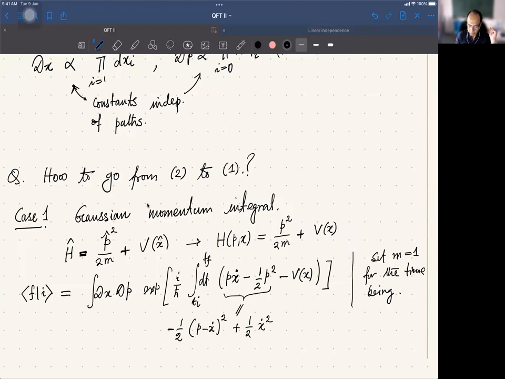Then you can define p minus x dot, a shifted momentum, as a new variable, say q. You make changes of variables while doing integration; this is an example of that. P minus x dot, let us call q, and as a result, dp is the same as dq, because x dot is just a constant when you calculate this differential.